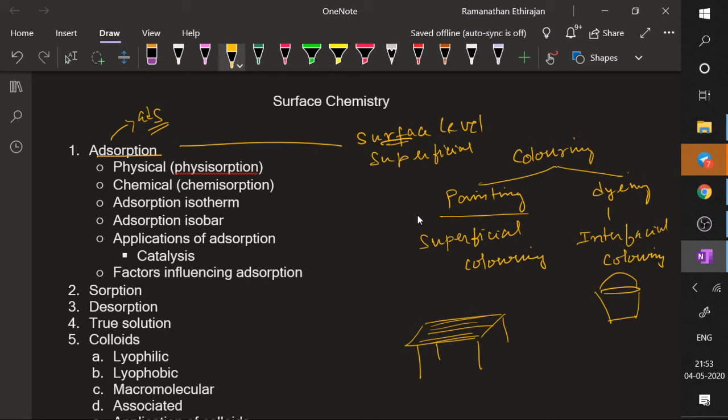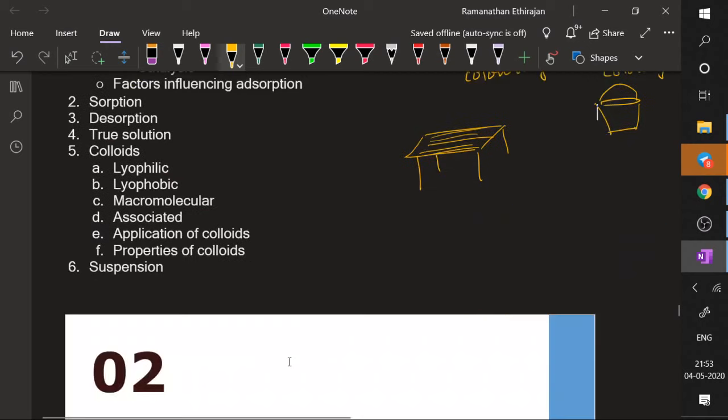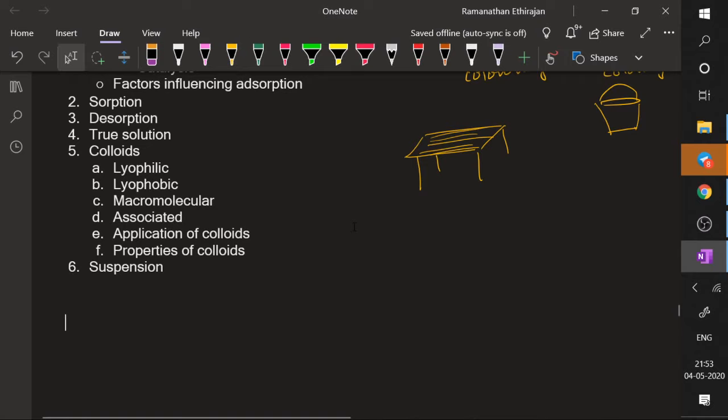Right. So, like in the case of solution, I have already explained about solution. Solution is nothing but a mixture of solute and solvent that you know very well.